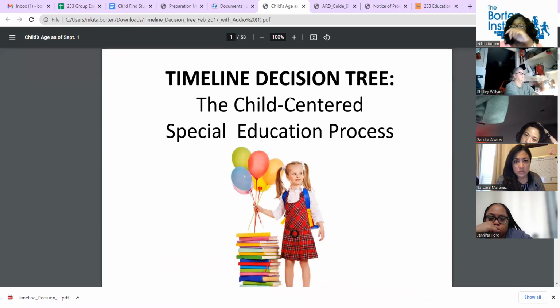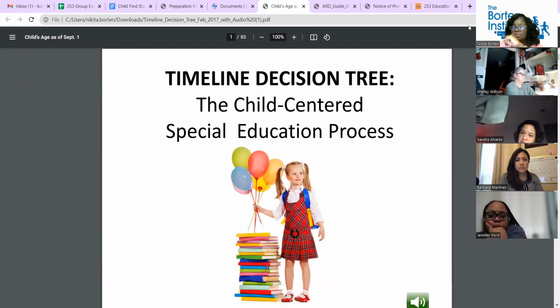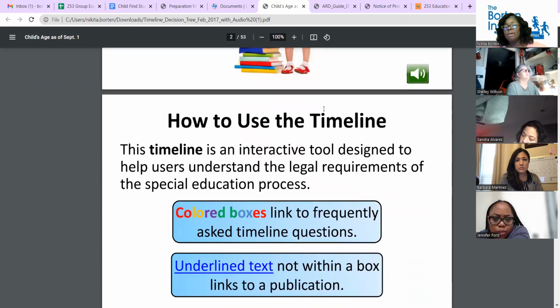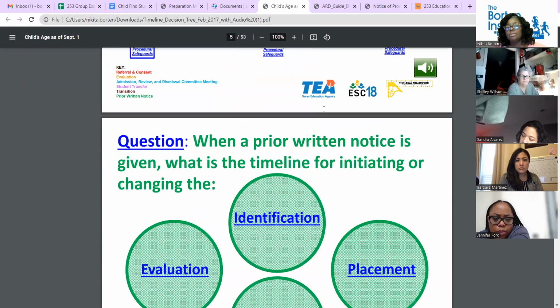Another way I can say this is the child find process. This is the child find process in pictures.